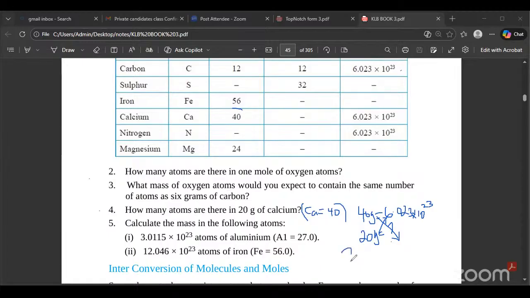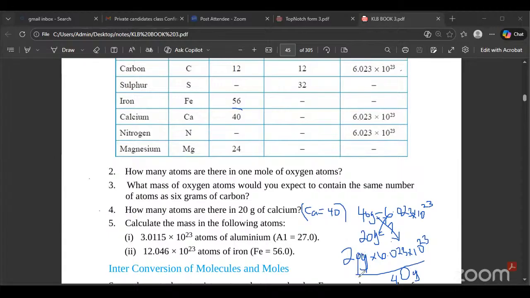So you will have 20 grams multiplied by 6.023 multiplied by 10 raised to 23, over 40. And then the grams, of course, will disappear.